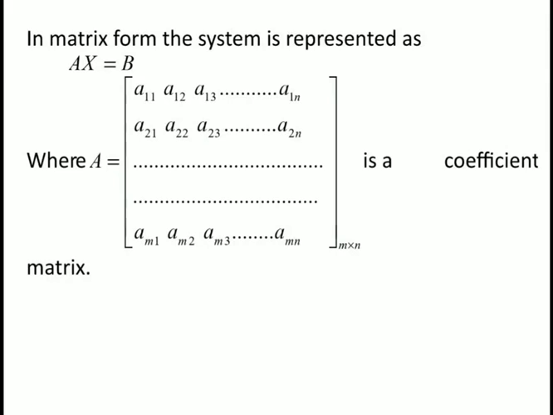The coefficients in the second equation are a21, a22 etc. up to a2n. And lastly, the coefficients of x1, x2 etc. up to xn in the mth equation are am1, am2 etc. up to amn. So this is an m by n matrix formed by the coefficients of the unknowns.